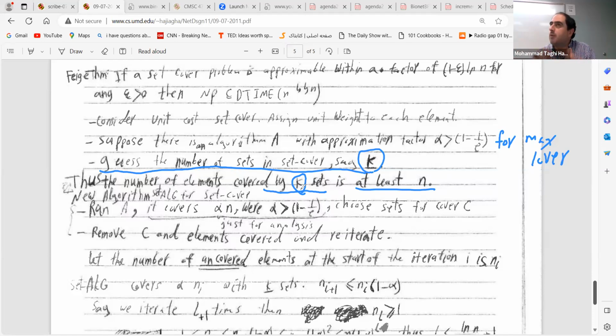Of course, if it covers everything, I am done. If not, I will repeat with the rest of the elements. So I cover some elements, I delete them, and then find another K sets for the rest. You repeat this until all elements are covered.